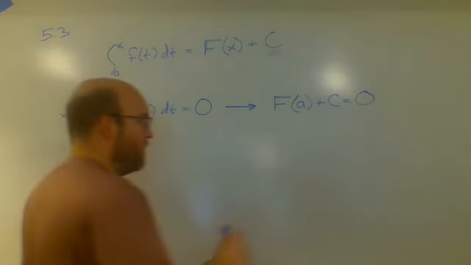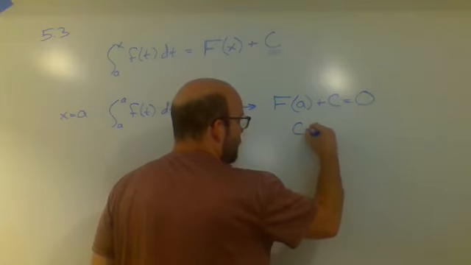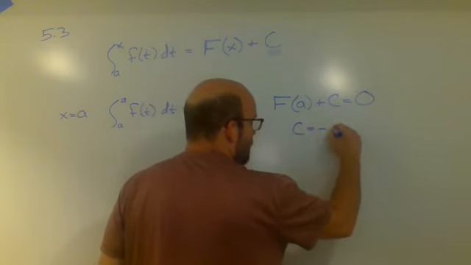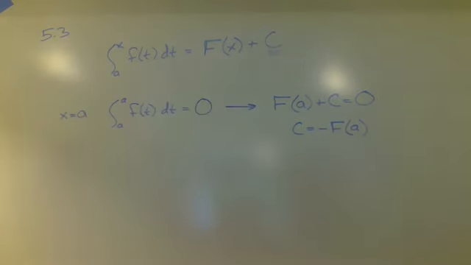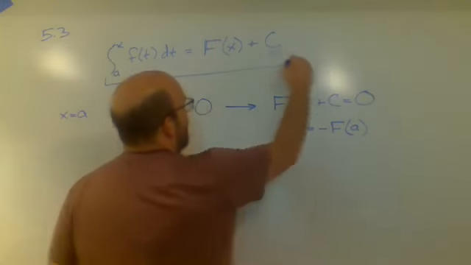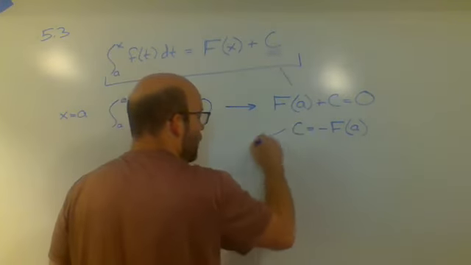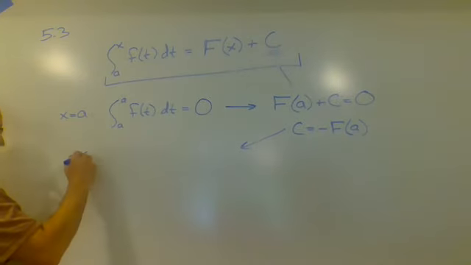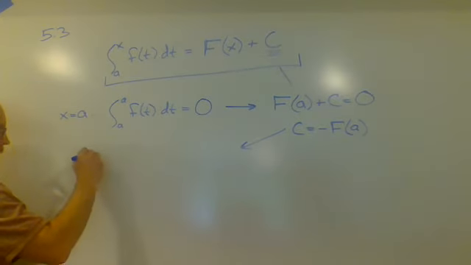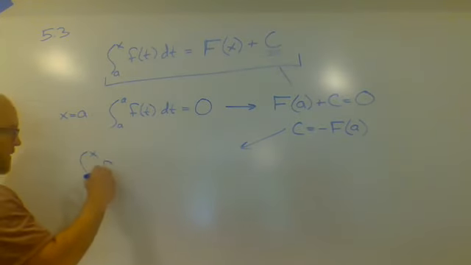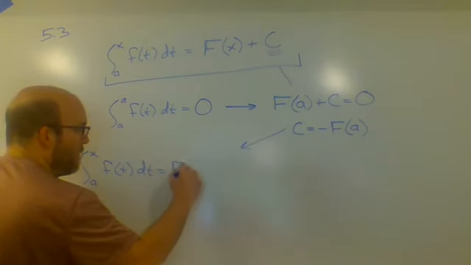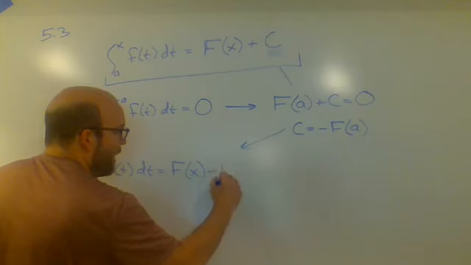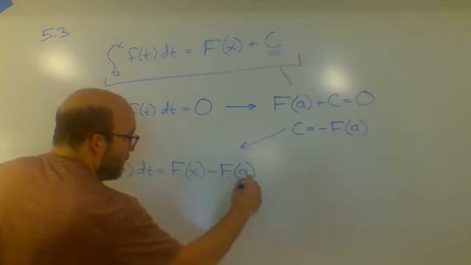And so this very quickly tells you that the constant that we get has to be the opposite of the antiderivative evaluated at A. Okay, so all we're doing is taking this information and putting it together with what we just wrote out, and that's telling you that the definite integral from A to x of any function in the world is equal to the antiderivative of that function evaluated at x minus the antiderivative evaluated at A.